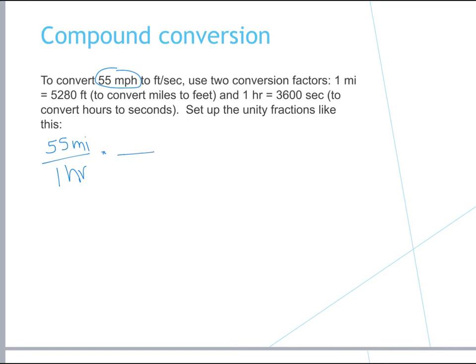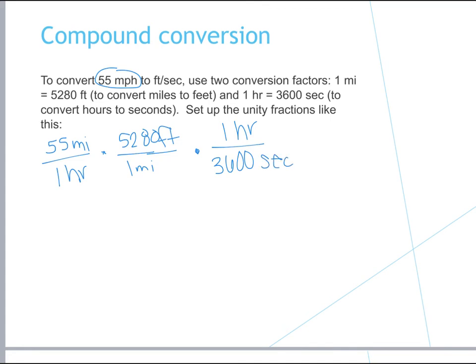So I'm going to start with my miles. 1 mile has 5,280 feet. Now I need to convert hours to seconds. Since hours is in the denominator, it needs to go in the numerator. So 1 hour is equal to 3,600 seconds.